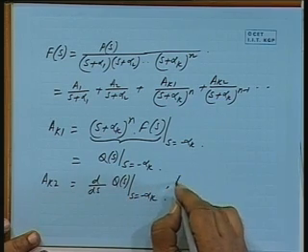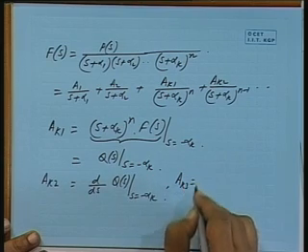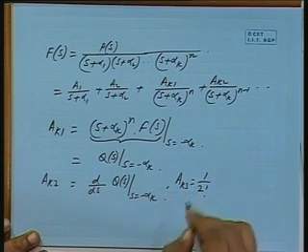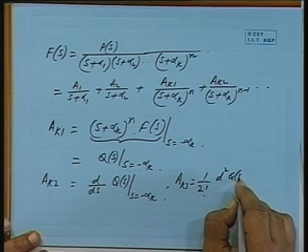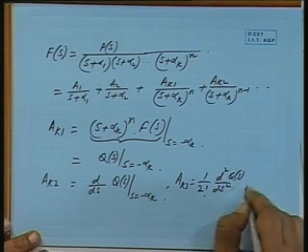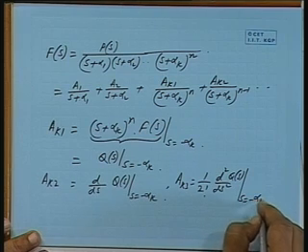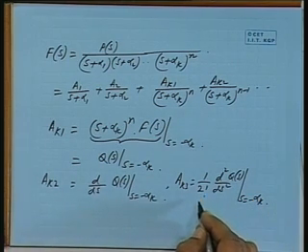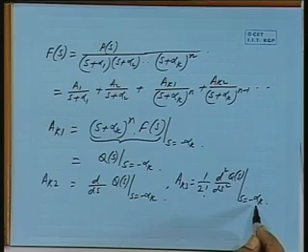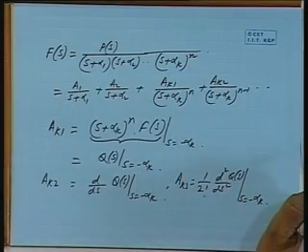Similarly, Ak3 will be 1 by factorial 2 d squared Qs by ds squared, the second derivative, and then substitute s equal to minus alpha k, and so on. For the third derivative it will be factorial 3, and so on. So, you keep on taking the derivatives of this product and then evaluate the function at s equal to minus alpha k. That will give you successive residues.